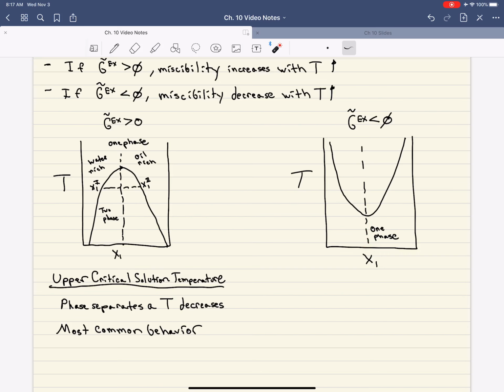Both species become less miscible in one another until you reach some critical temperature, above which the mixture will phase separate, and you reach the two-phase window. This type of behavior is known as a lower critical solution temperature.